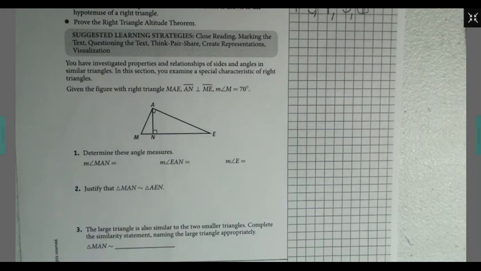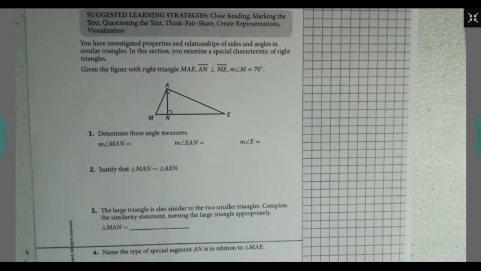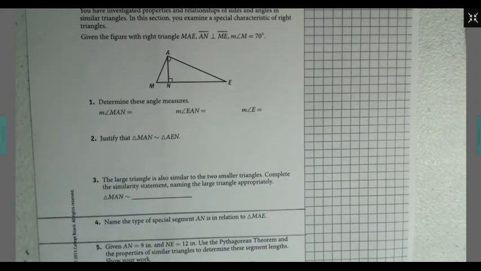Determine these angles. Justify that MAN is similar to AEN. And it says the large triangle is also similar to the two smaller triangles. Complete the similarity statement, naming the large triangle appropriately.